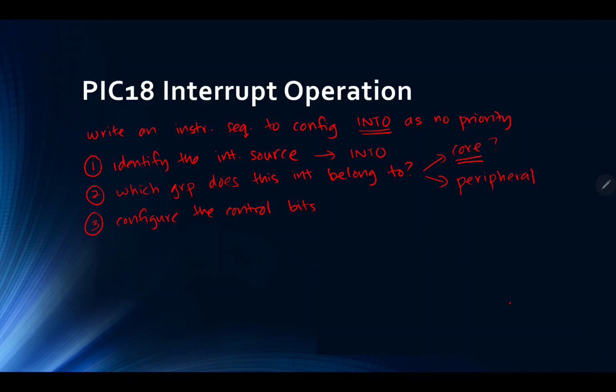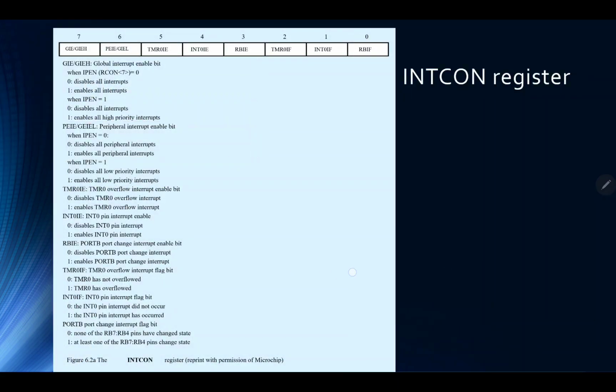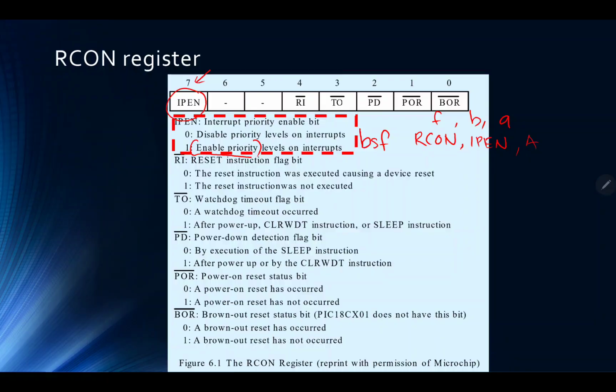So now let us try to do the configuration. Whenever we want to do the configuration, the first thing that you want to configure is the RCON register. This is a must. This question says without priority.